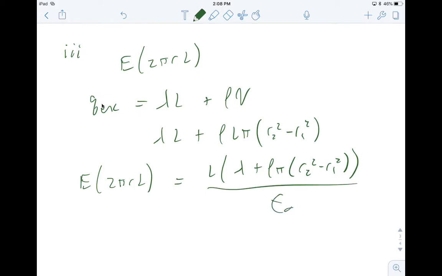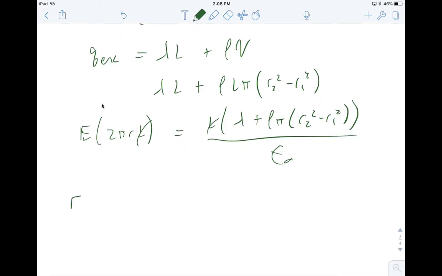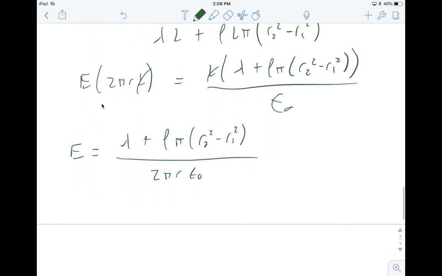I'm going to divide both sides by 2 pi RL, and the L's cancel out again. So we get E is equal to lambda plus rho pi times R2 squared minus R1 squared, divided by 2 pi R epsilon naught. And that's the electric field outside.